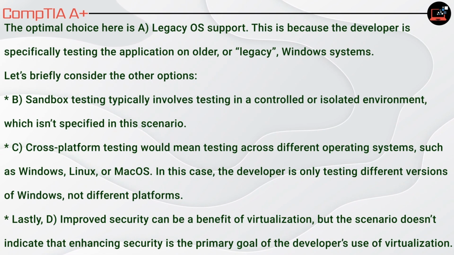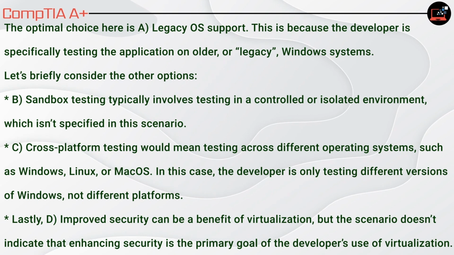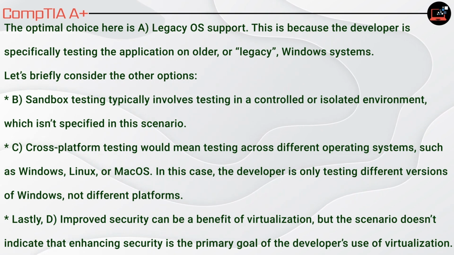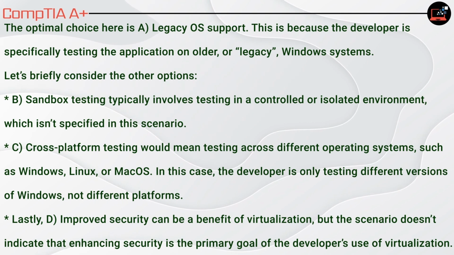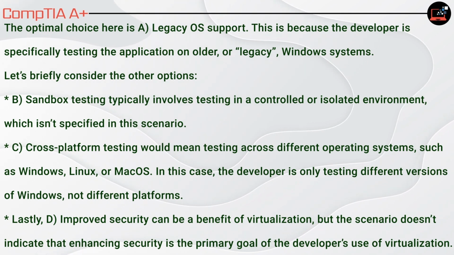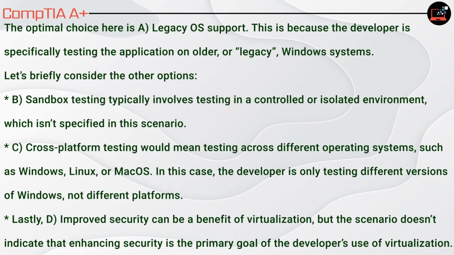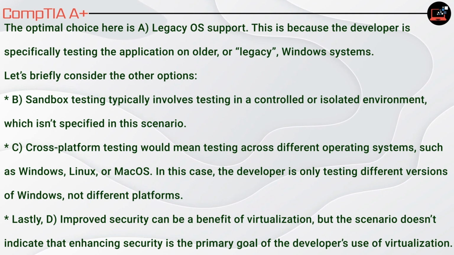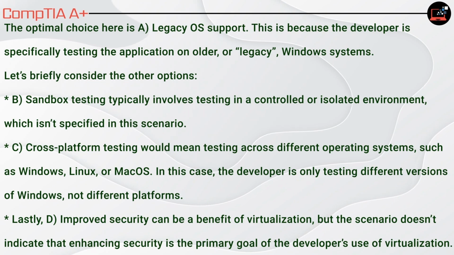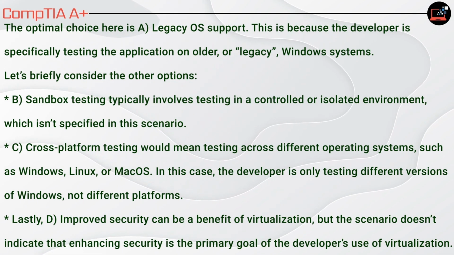The optimal choice here is A, legacy OS support. This is because the developer is specifically testing the application on older or legacy Windows systems. Let's briefly consider the other options. B, sandbox testing typically involves testing in a controlled or isolated environment, which isn't specified in this scenario.